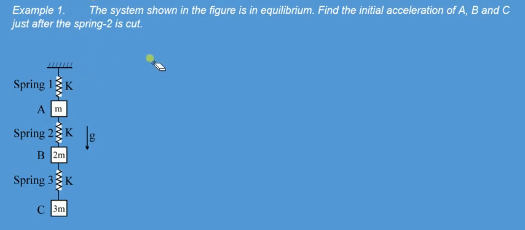Let the extensions in springs 1, 2 and 3 be x1, x2 and x3 respectively. That is, x1 in spring 1, x2 in spring 2 and x3 in spring 3.